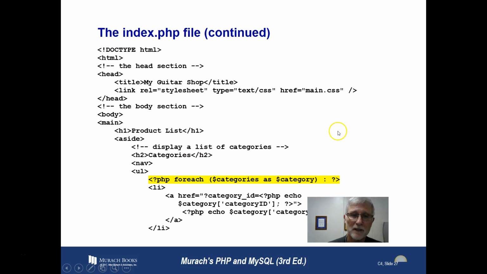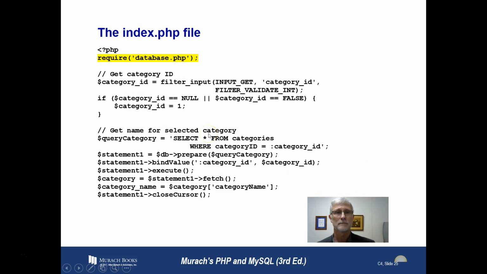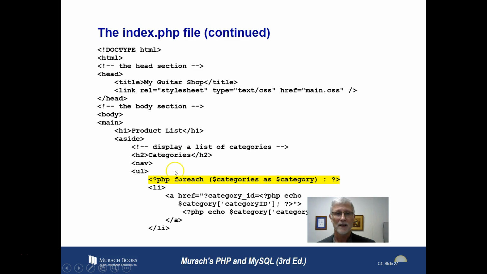Now, let's look at how, now that I've populated all that stuff, how do I go through and loop through everything? Here's my for each. So here's my categories as a category.